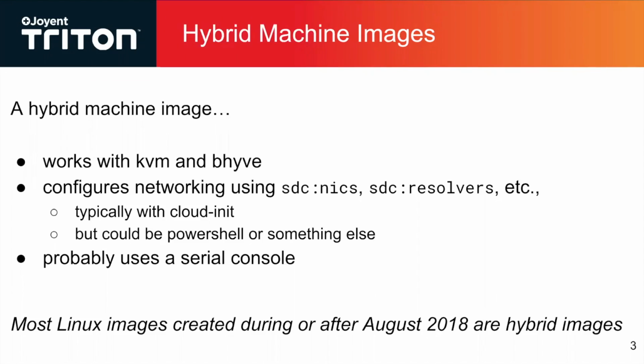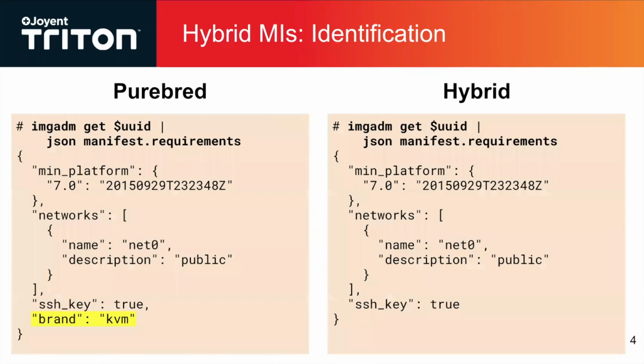Most Linux images that have been created after, say, mid-August are hybrid images. To tell whether you have a purebred or a hybrid image, I don't know if purebred is the right term, but we'll run with that, you can look at the image manifest.